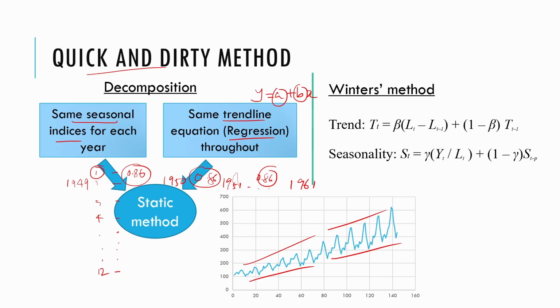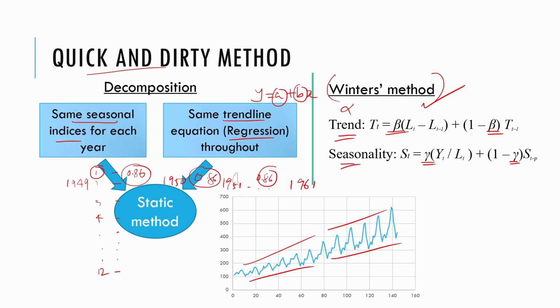But in actual reality you need to use, or maybe you have to use, the Winters method, which is much more robust. Why robust? Because here you are using the smoothing coefficients alpha, beta, gamma. Alpha is for the level, and for trend and seasonality you are using beta and gamma.